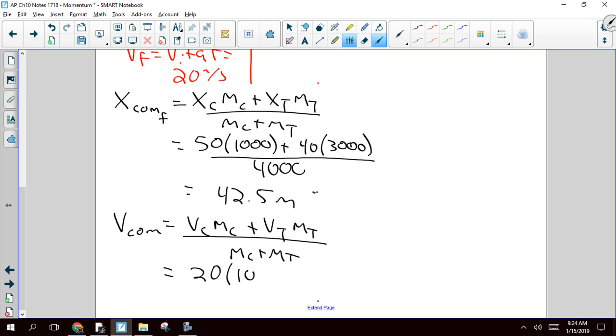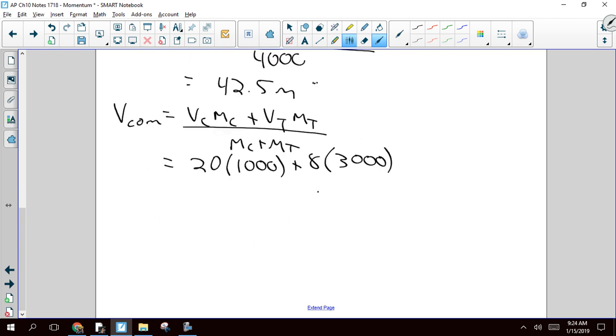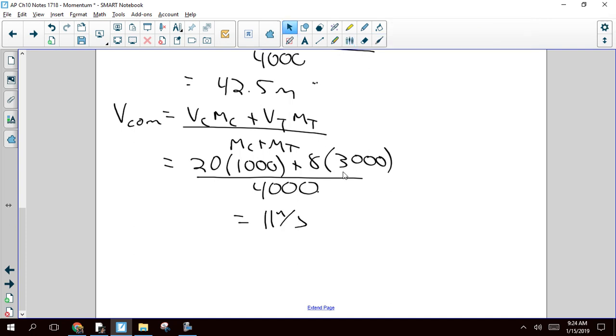Mass of the car is 1,000. Velocity of the truck is 8. Mass of the truck is 3,000. All divided by 4,000. And this gives you 11 meters per second. Okay, so we can do that, right?